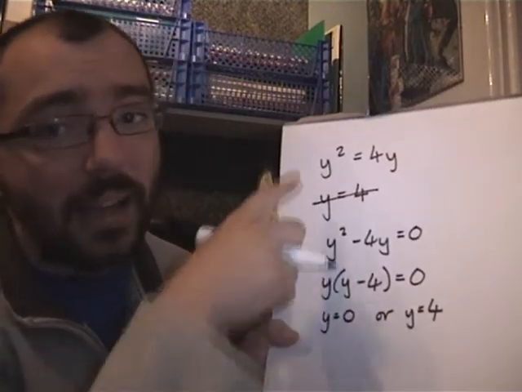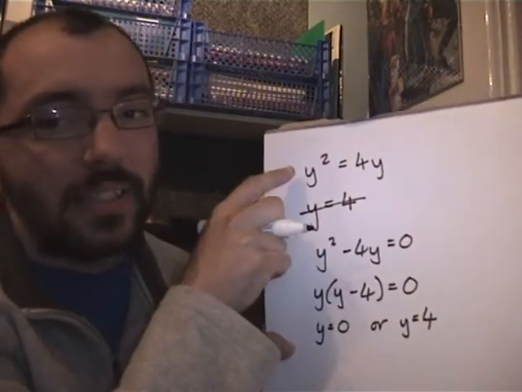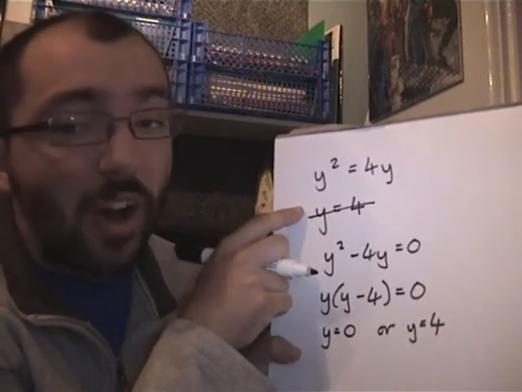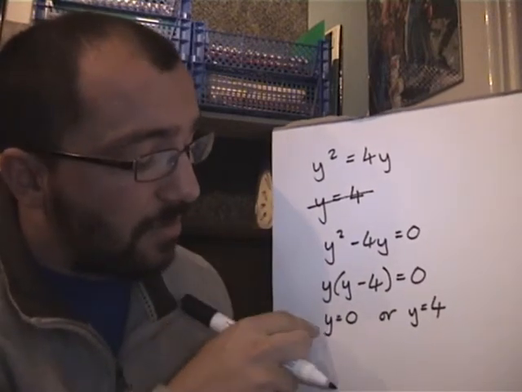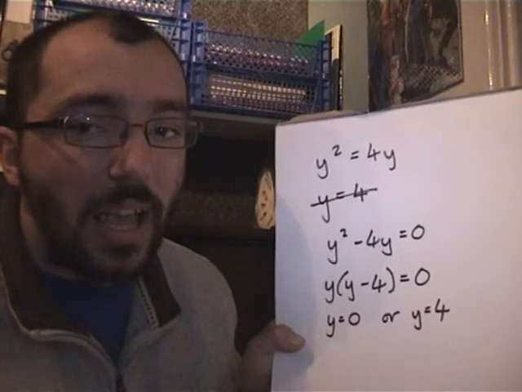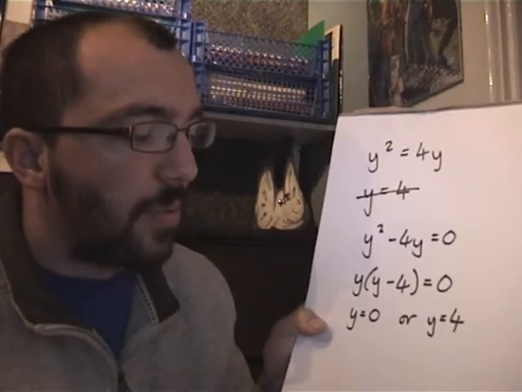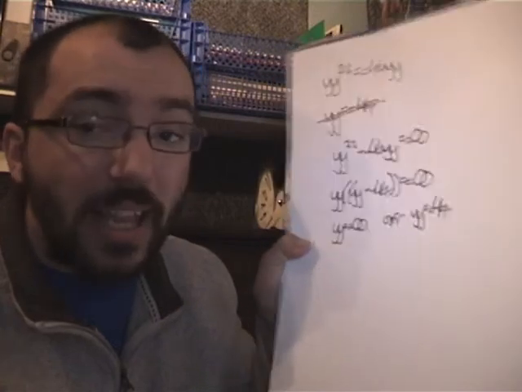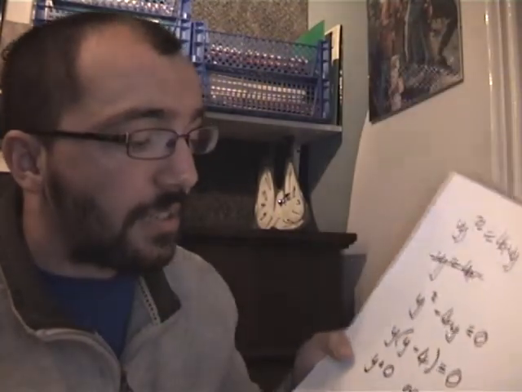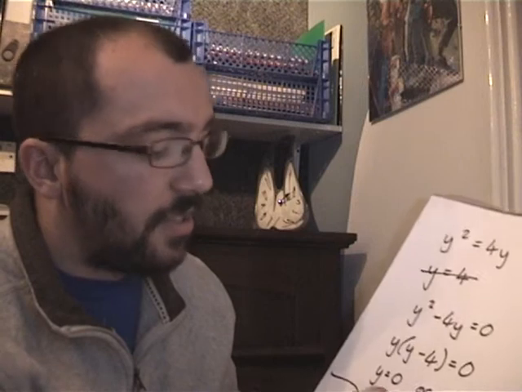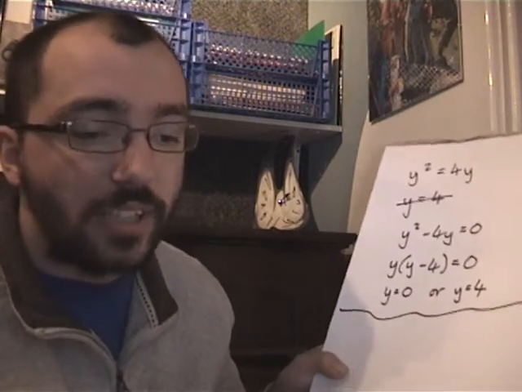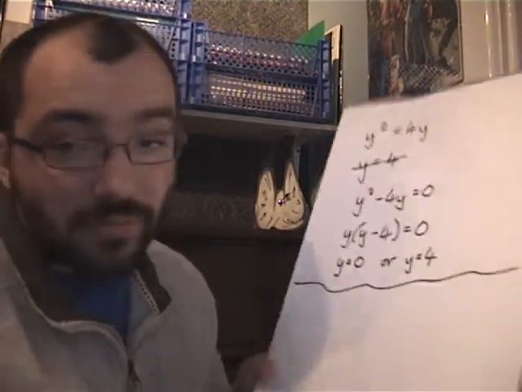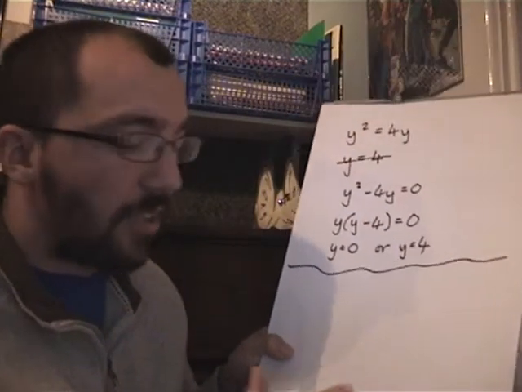And then looking back, we can see that what we did at the start was to divide by something that turned out could be 0. And that's the problem. We've got to be really careful when we divide by something that is or could potentially be 0.